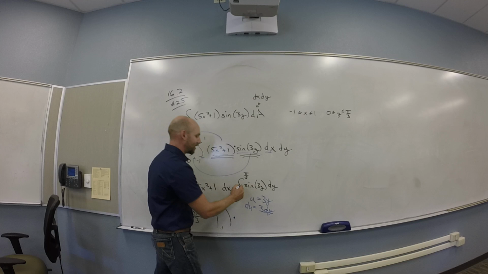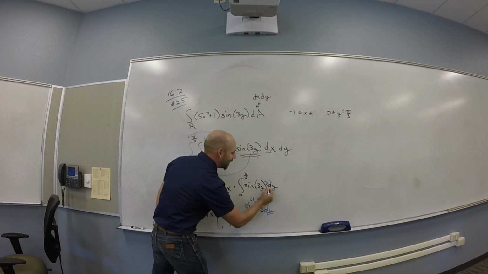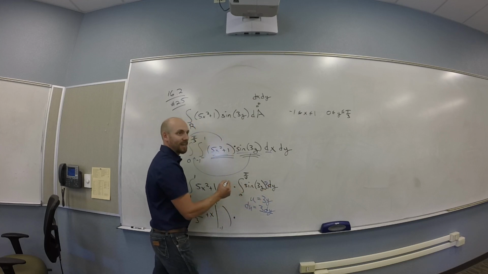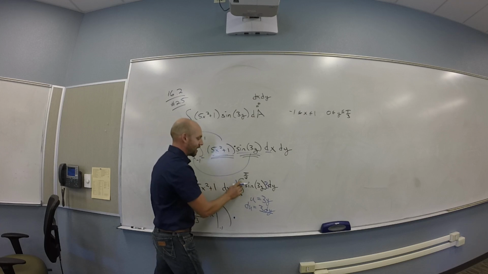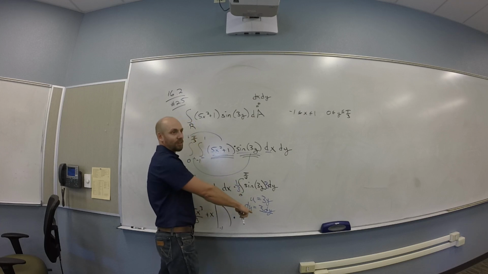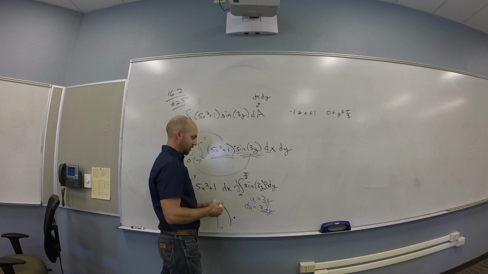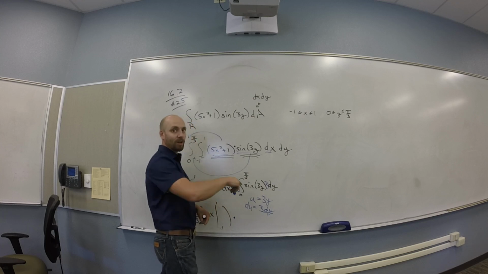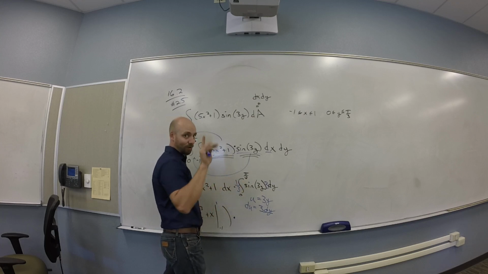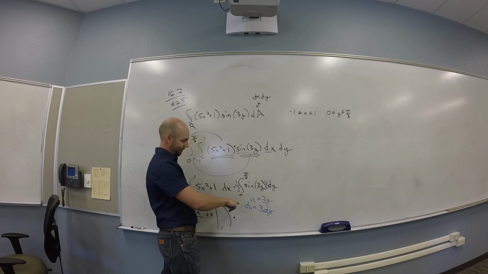You haven't got it, so you need to put a 3 in here, which means I need a 1/3 outside. Did you guys learn that as solve for dy and then cram that in? That's also fine. I'm really using this to refresh this. Don't worry about it.